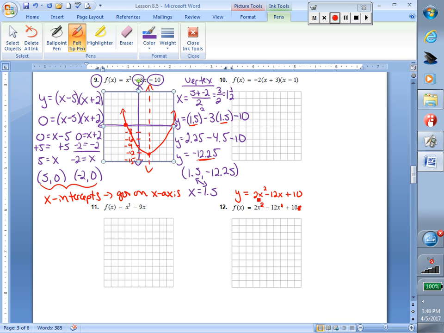So if I have a 2, a 12, and a 10, those are all even numbers, so I can divide everything by 2. So now I have y equals, and remember when we factor the number that we divide by, we need to write out front of a set of parentheses.